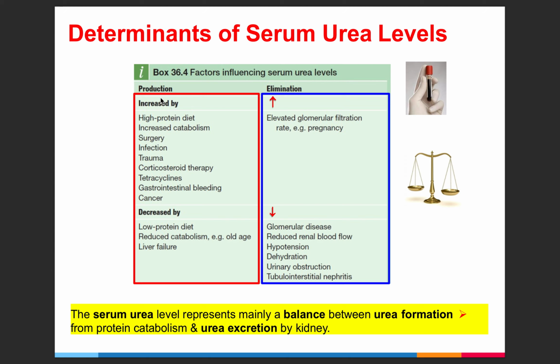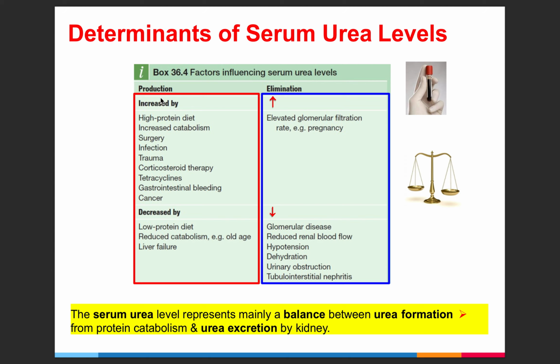Why do we rely more on creatinine for kidney function, not urea? Because urea is easily affected by the dehydration and rehydration process of the patient. So if you are dehydrated for a little bit, urea will go up faster and way before the creatinine goes up.